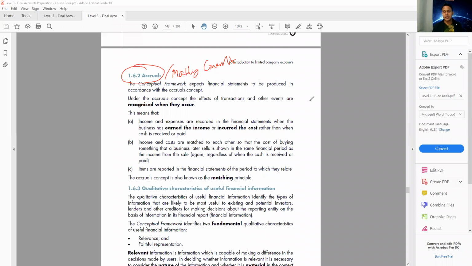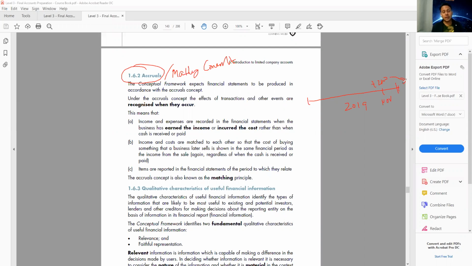For example, if we talk about 2019, let's say I make a sale here in November, 2,000 pounds, and the customer is going to pay me next year, let's say 2020. I make a sale in 2019, but the customer is going to pay me after 1 or 2 months, so I'm going to receive the money in 2020.